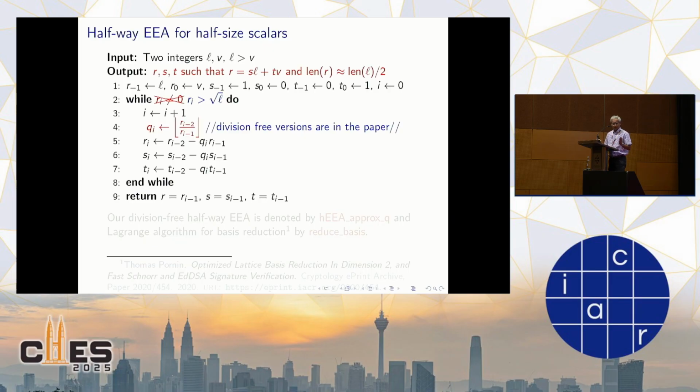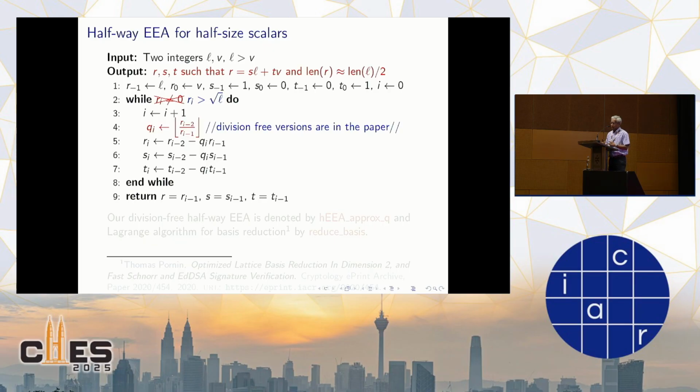And for large variables, for variables that deal with large numbers, this could be quite an expensive operation. And because of this, until this work, people have avoided use of the extended Euclidean algorithm to improve the speed of ECDSA or EdDSA signature verification.